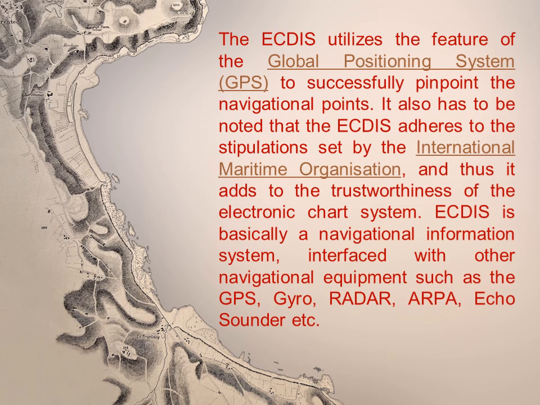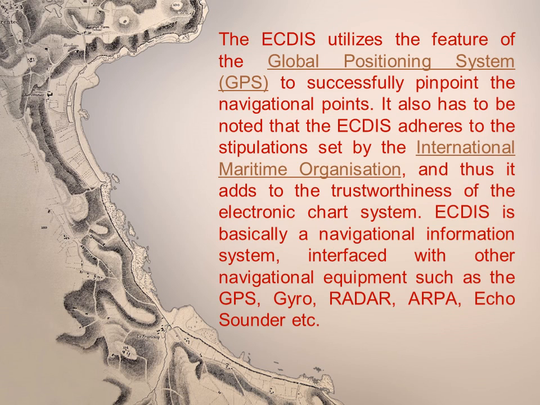This utilizes the feature of the GPS, the global positioning system. So the GPS is integrated into the ECDIS, so it is easier to locate the position of your vessel.